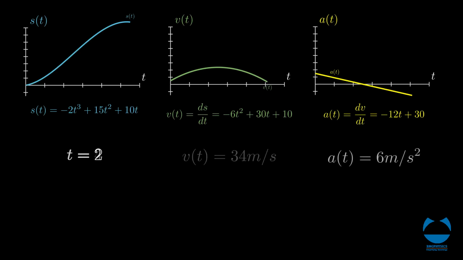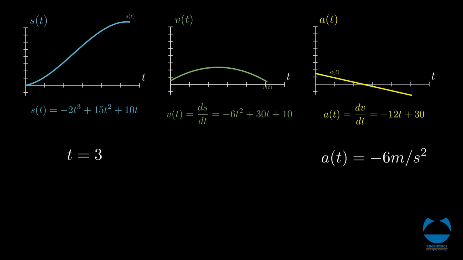Let us plug in some values here. At time equals 2 seconds, the result will be 6 meters per second squared. And at time equals 2.5 seconds, we find the arrow's acceleration is 0 meters per second squared. And at the third second after it has been launched, minus 6 meters per second squared.